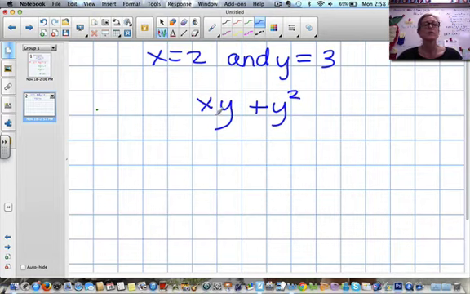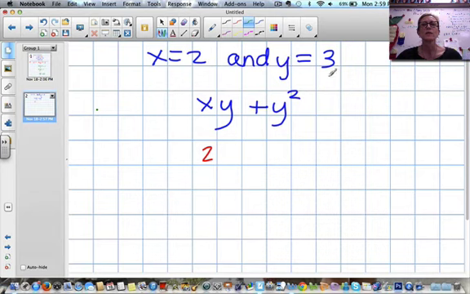Okay, so just like in the last problem, when you have a variable next to a number or a set of numbers inside parentheses, you're going to multiply. Whenever two variables are right next to each other like this, it means also that you're going to multiply those two together. So let's go ahead and substitute in x equals 2, so let's put a 2 there, and let's use a different color for y.